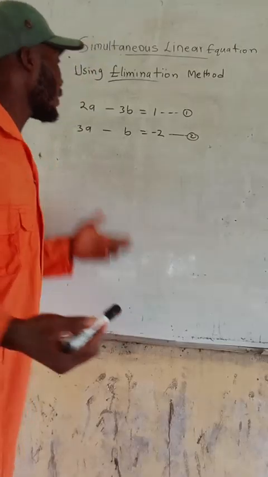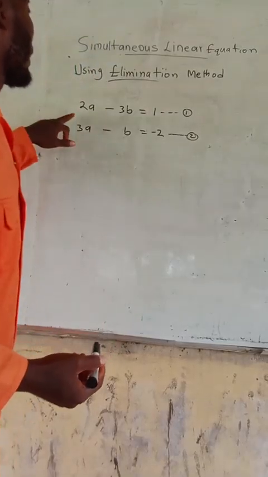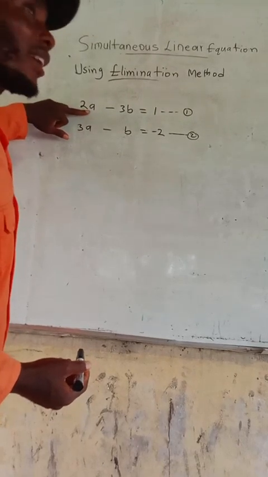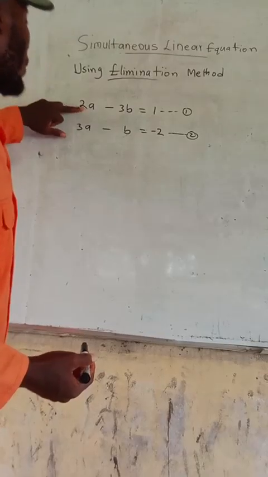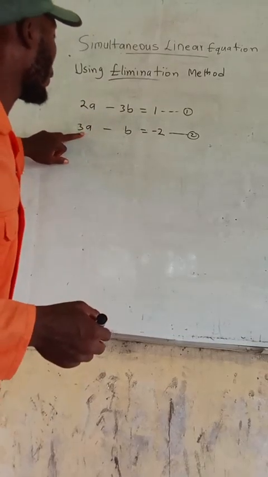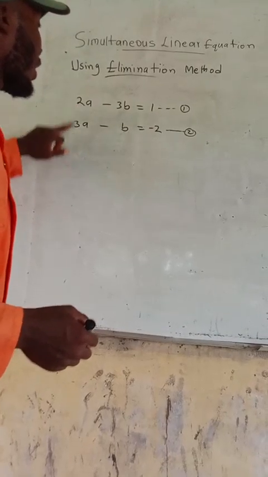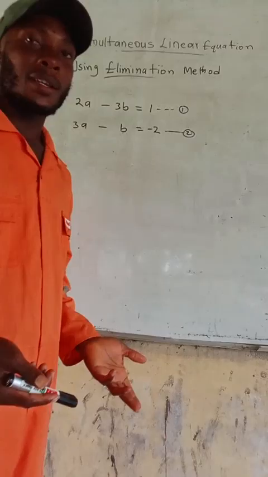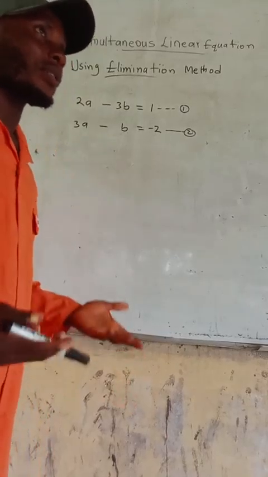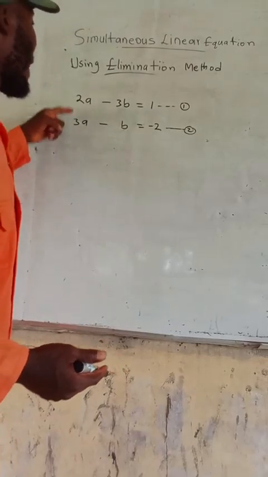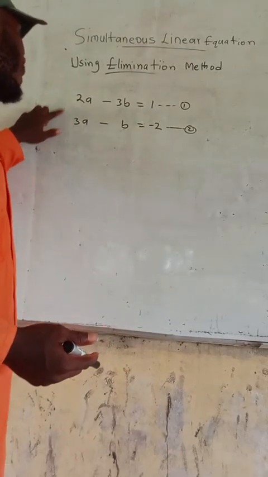So in this equation, because we want to eliminate A first, the coefficient of A in equation 1 is 2, while the coefficient of A in equation 2 is 3. So they are not the same. If they are not the same, I cannot eliminate A first. Are you getting it?